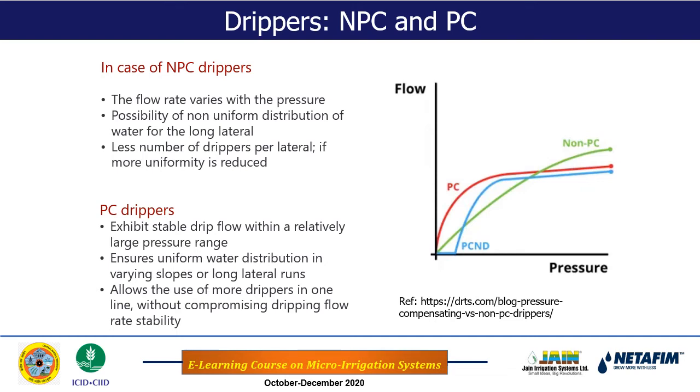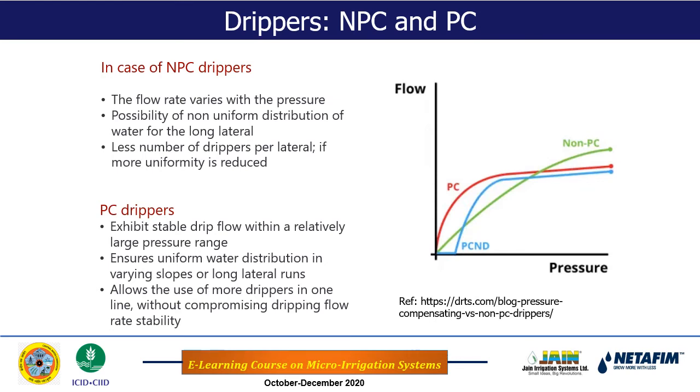In the case of a pressure compensating emitter, a special kind of arrangement is made into the emitter such that if over a certain range there is variation of pressure, the discharge is the same. For example, in the previous case, if there is variation of the pressure from 10 meter to 6 meter in the system, then there is an arrangement made in the dripper such that over that variation of pressure you will get the same discharge, that is 4 liter per hour.